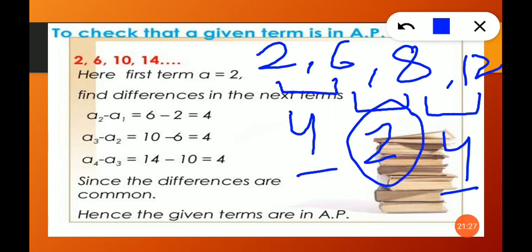So it is not an AP, because in an AP we always have to add the same number. We cannot add different numbers, like first adding something and the second time adding something else. We always have to add the same number to the preceding term to get the successive term. Hence, this sequence 2, 6, 8, 12 is not an AP.